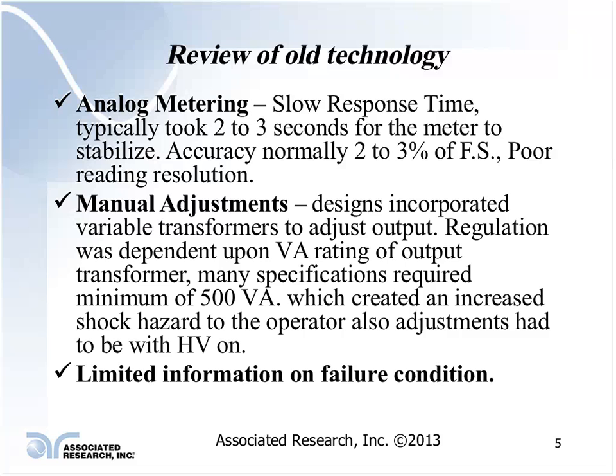Just initiating that test, it took anywhere from 2 to 3 seconds for that meter to settle in on a reading where you knew for a fact that you were reading approximately what the test voltage was that you had it set for. Accuracy on a lot of the old analog meters, again, typical accuracy was anywhere from 2 to 3% of the full scale value.